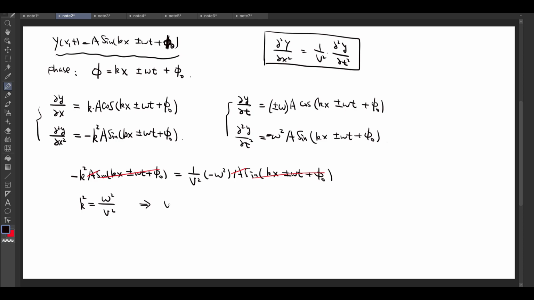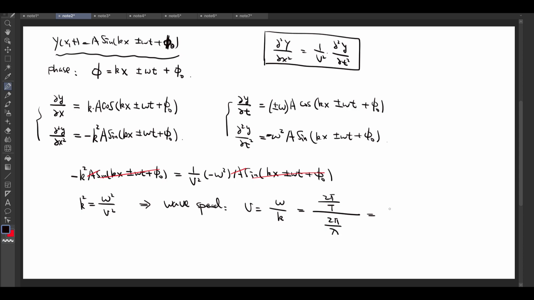So that's why the wave speed, now we figure out the wave speed, is given by omega over k. And remember omega is 2 pi over T, sorry, and k is 2 pi over lambda.